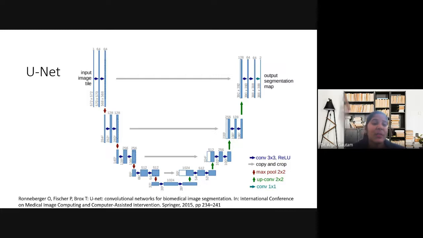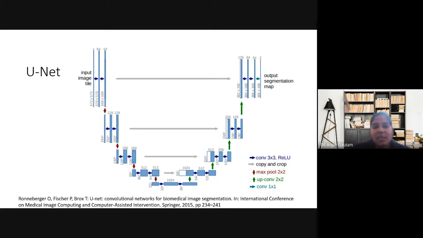But in segmentation, whatever image we have, we want the same size image in the segmentation result. For example, if a tumor is in the brain region, you want to see on the same size image where exactly the tumor is in the brain.